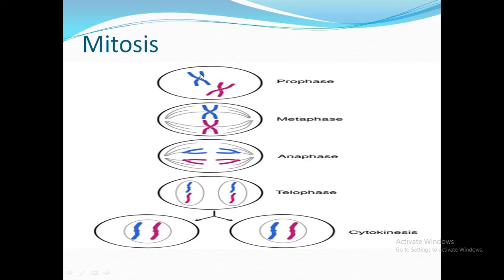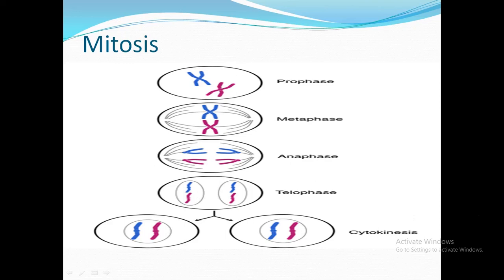The only difference is there were two chromatids in the parent cell, but in the daughter cell we have only one chromatid in the chromosome. Now, one thing that is not shown here is decondensation of the chromosome. At the end of telophase, these chromosomes decondense to form chromatin.